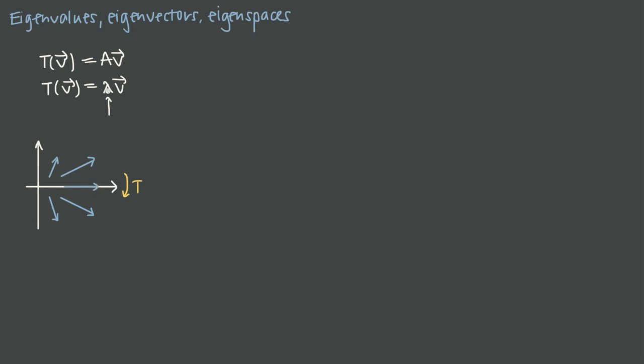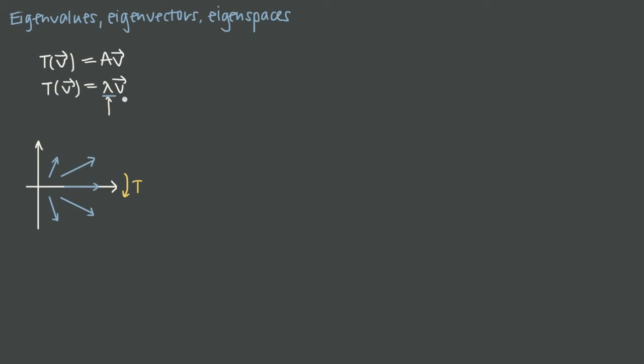It might just get scaled up or down by this constant value lambda, which, by the way, this lambda value is called the eigenvalue that's associated with the eigenvector v. But this is the eigenvector, and this lambda value is the eigenvalue that tells us how much the eigenvector gets scaled up or scaled down. Now keep in mind here, when we're talking about this transformation T, it's a linear transformation, so of course it can still be written as A times the vector v.